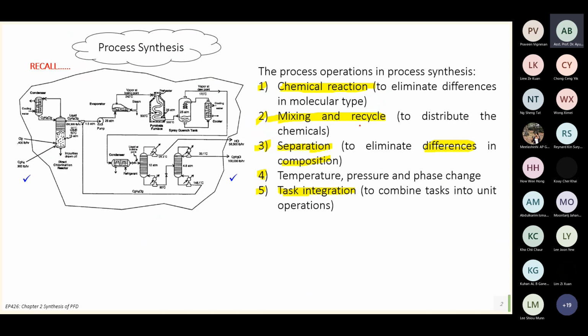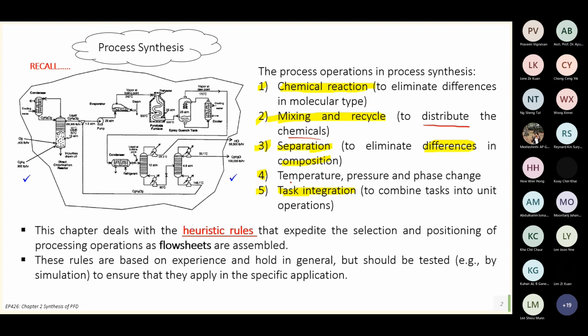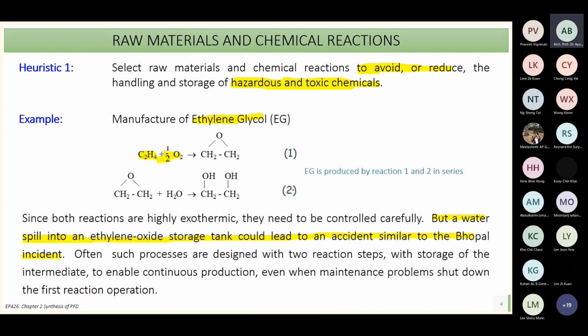Chemical reaction, mixing and recycle. This is on the distribution of the chemicals. Then separation. Number 4 is the heat transfer part. Okay, number 5, this one is task integration. Okay, now this one is described with the mind map just now.